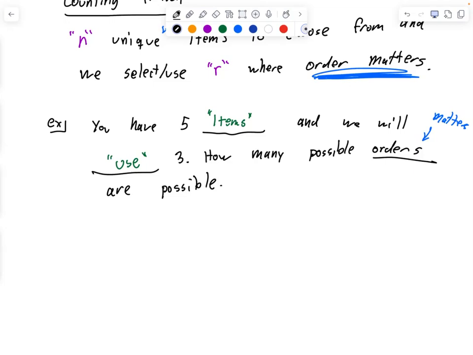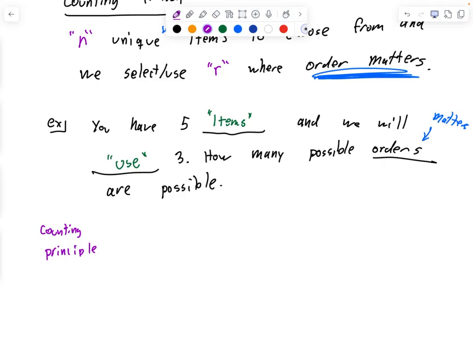We'll do 3 lines like this, because we're going to select 3, like a 3 combination code. How many options do we have on the first one? We have 5 times 4 times 3. And this would give me an answer of 60. So there are 60 different orders of having 5 items and selecting 3.